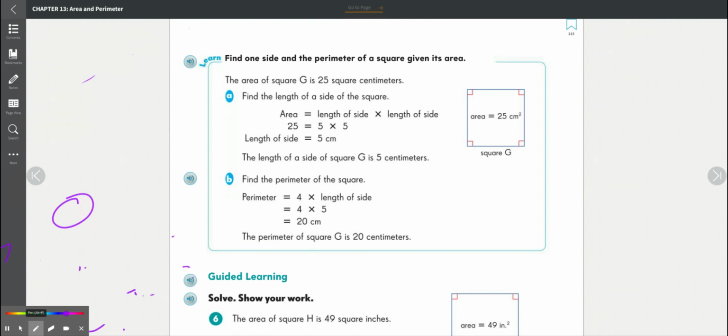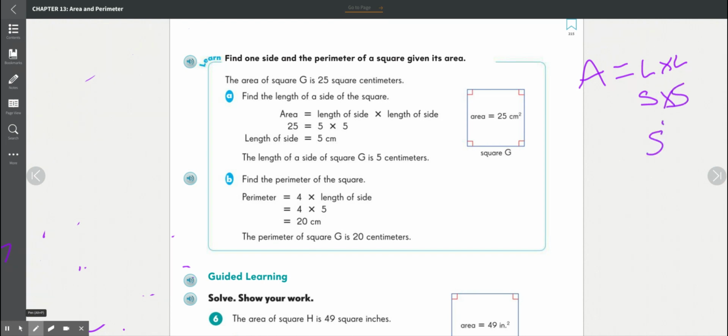So when we're looking at squares, all of the sides are the same, which means that the formula for the area of a square is the area is equal to the length times the length. We can also write this as side times side. And what you're eventually going to see is something called side squared. This is an exponent, and all that this exponent means is that you're multiplying that side by itself. So instead of doing side times 2, you're doing side times side.